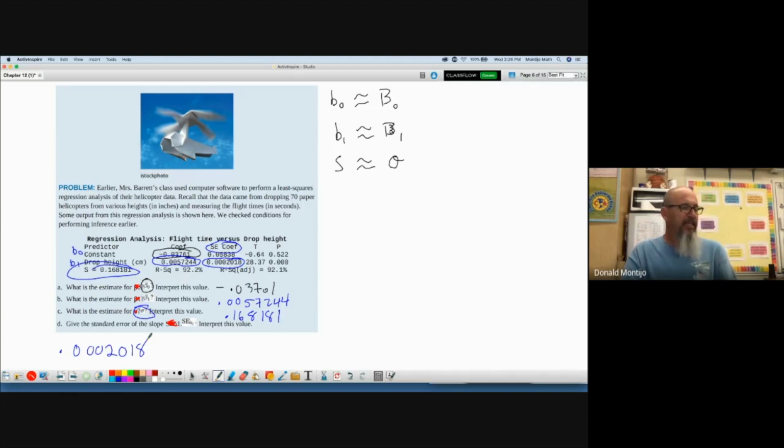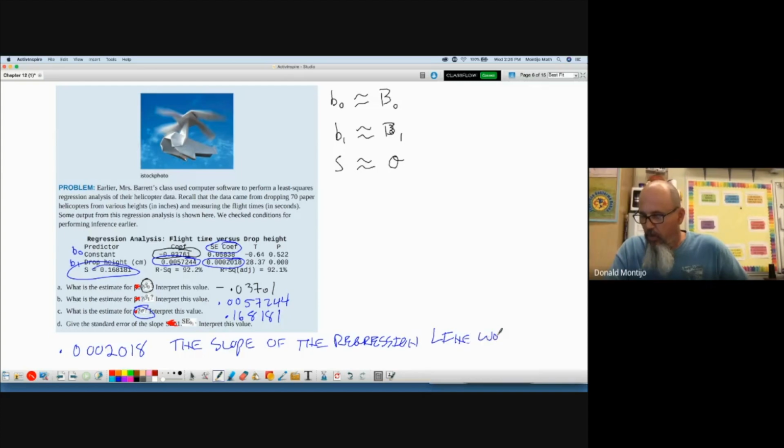Well, what does that mean? In repeated random assignment, many times the slope of the regression line would vary by about that much. So the slope of the regression line would, on average, vary by approximately that amount.